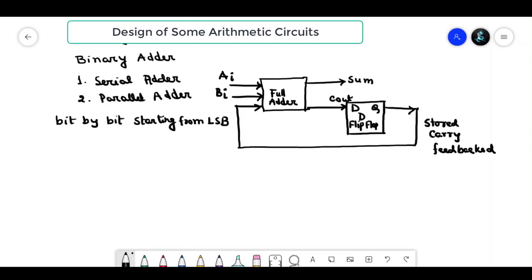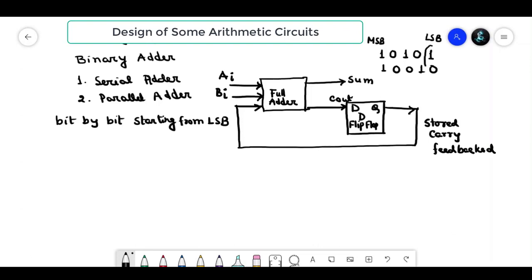Suppose I want to add these two numbers, like this, 1 0 0 1 0. This is called the LSB and this is called the MSB.